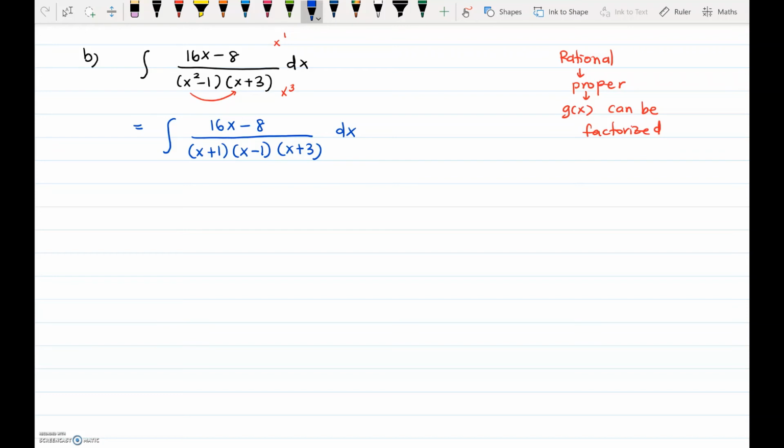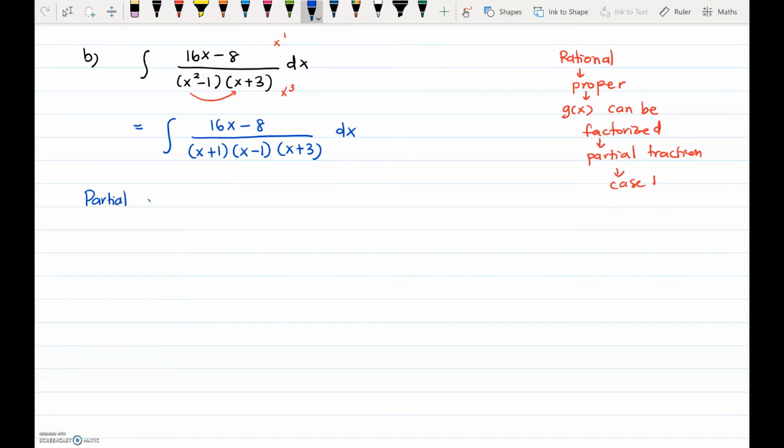Next, continue. Since we want to use partial fractions, we use the case 1. So start with your partial decomposition.